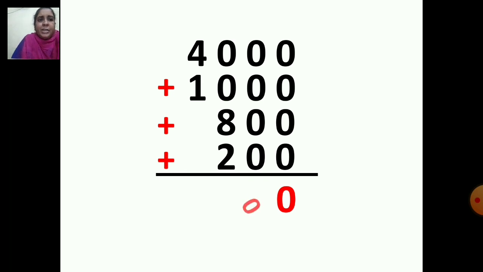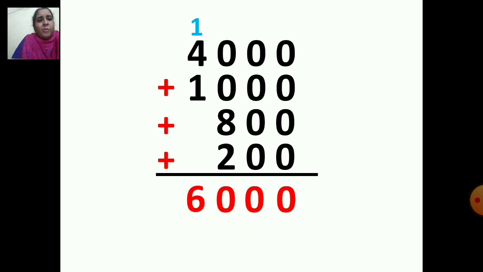Again it will be 0 only. Now 8 plus 2 is how much? 10, right? So what you will do? You will put 0 down and 1 will go in thousands place. Now 1 plus 4 is how much? 5. And 5 plus 1? 6. Right? So what is your answer, children?